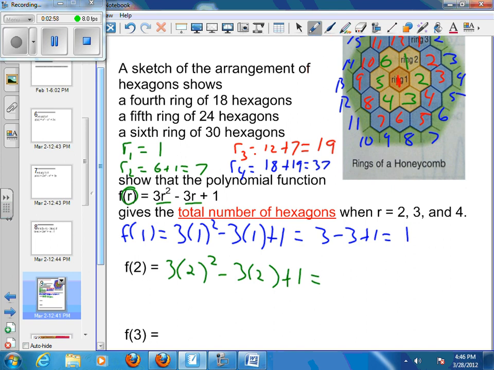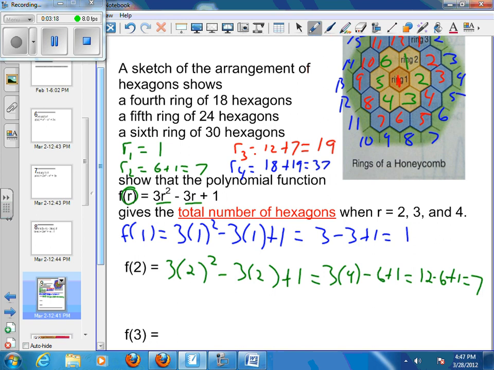And that's going to be equal to 3 times 4, minus 3 times 2, which I will call a 6, plus 1. That's going to be equal to 12 minus 6 plus 1. And 12 minus 6 is 6, and 6 plus 1 is 7.